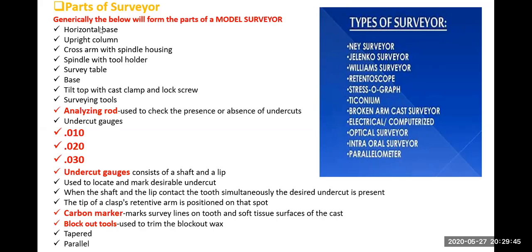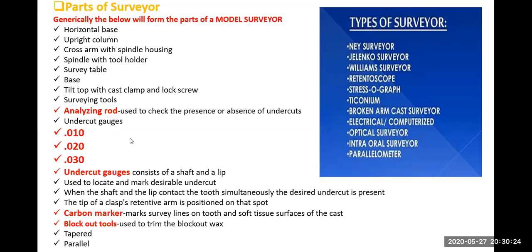But generically, all these parts are present, namely horizontal base, upright column, cross arm with spindle housing, spindle with tool holder, survey table, base, tilt top with cast clamp and lock screw, then survey tools. These parts are very common to all types of surveyor. So there's no surveyor in which you will not see these parts. But there are more parts, depending on the brand of surveyor you are dealing with.